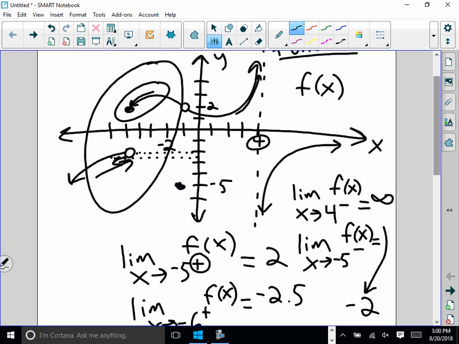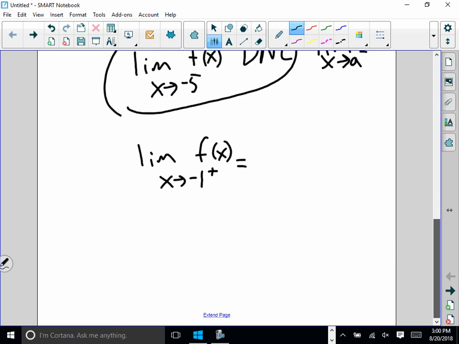The answer is the right-hand limit, as I'm approaching -1 from the right side, my y value keeps creeping closer and closer to 2. We'd say that right-hand limit equals 2. Now let's look at the left-hand limit as x approaches -1.